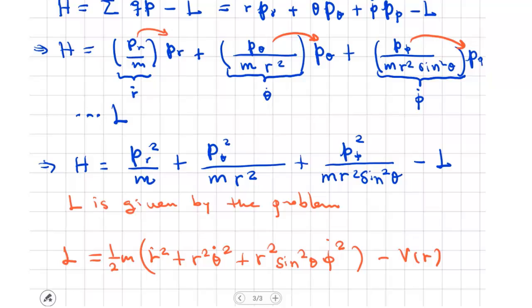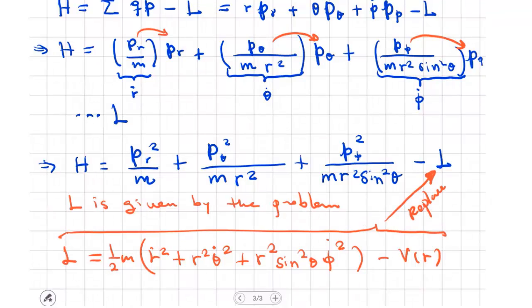All right. So what we are gonna do is this equation of the Lagrangian, we are gonna replace this equation into the Hamiltonian right here. The Lagrangian we are gonna replace.